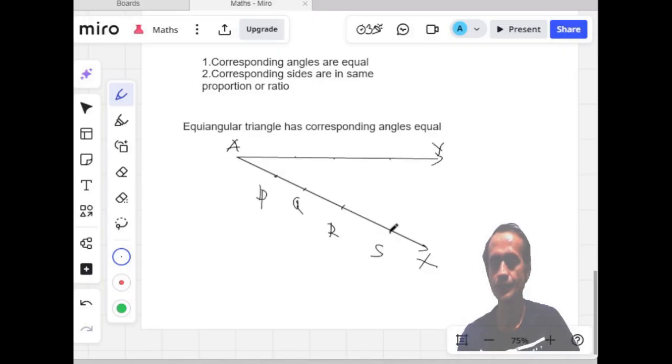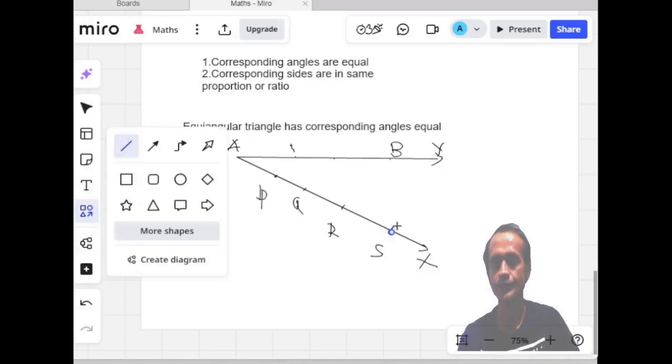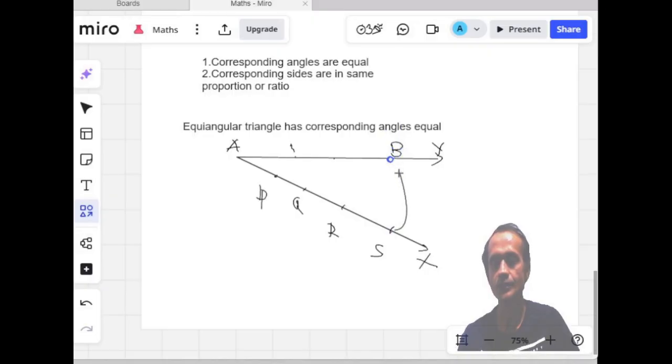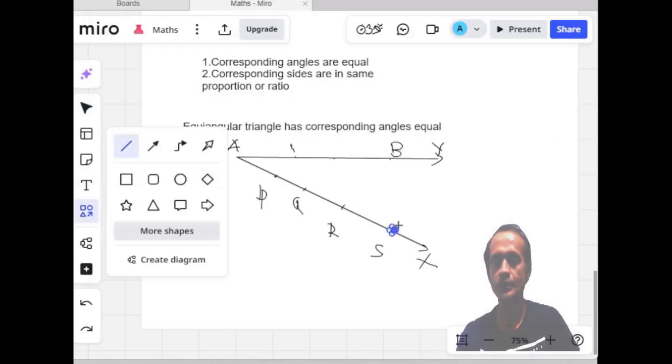From point S, we select any point on line AY. Let this point be B. So we join these two points.